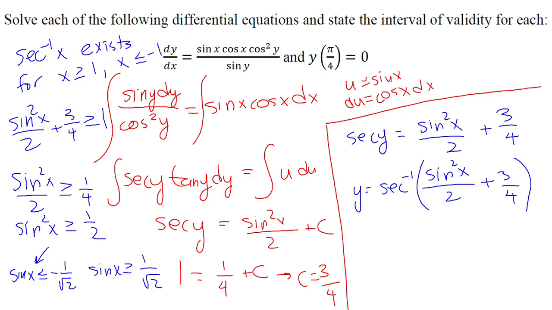And so if we're talking about plugging in pi over 4 to this, I don't really need to worry about negative values over here because we're plugging in pi over 4. And over here, this is going to tell me that x is going to have to be greater than or equal to pi over 4.